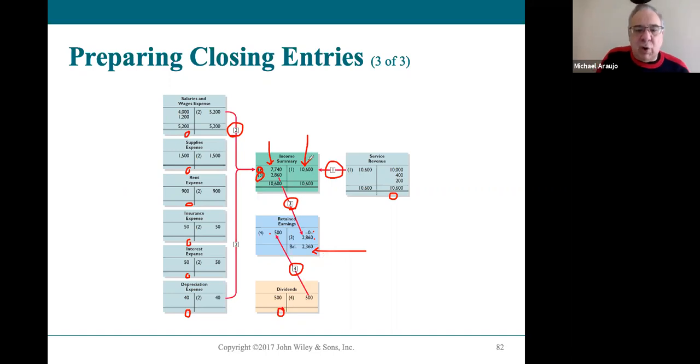So again, the income summary account is going to look like your income statement, total revenue, total expenses. The remaining piece is the profit, net income. That gets added to retained earnings. Retained earnings is going to be, you know how this works, beginning balance plus net income minus dividends is your ending balance in retained earnings. So it's going to look exactly like the statements do.